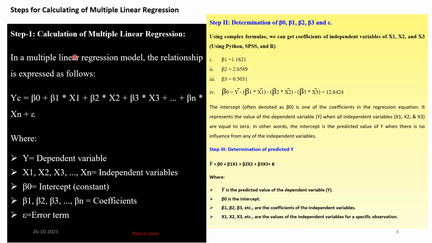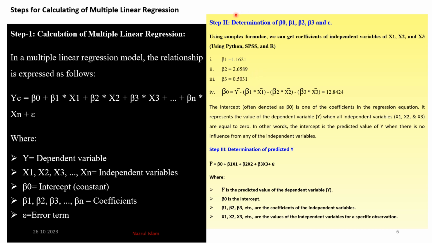Here we will use several steps for calculating multiple linear regression. The first step shows the formula of predicted y, that is beta 0 plus beta 1 multiplied by x1, beta 2 multiplied by x2, plus beta 3 multiplied by x3, plus beta n multiplied by xn, plus epsilon. Epsilon is the error term, and beta 1, beta 2, beta 3 up to beta n are the coefficients of the independent variables, and beta 0 is the y-intercept.